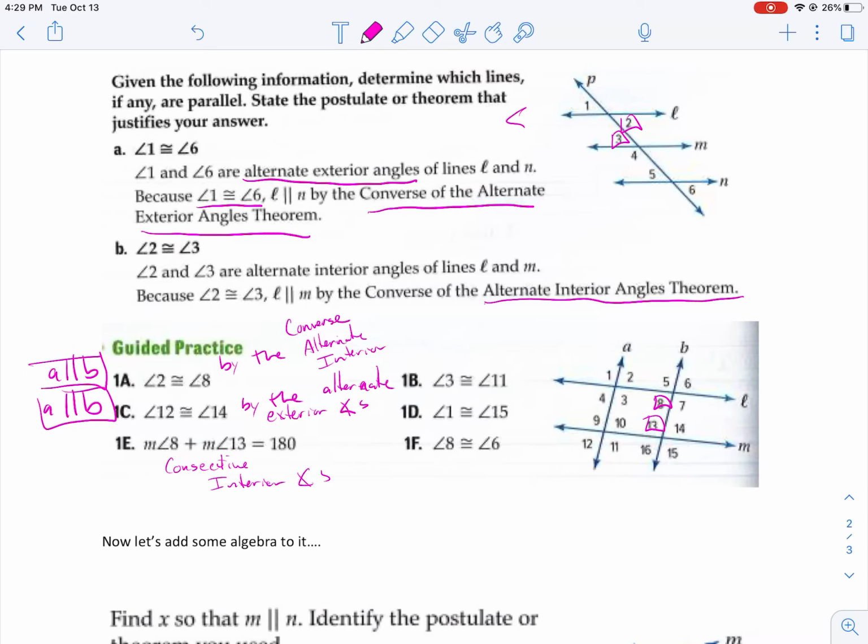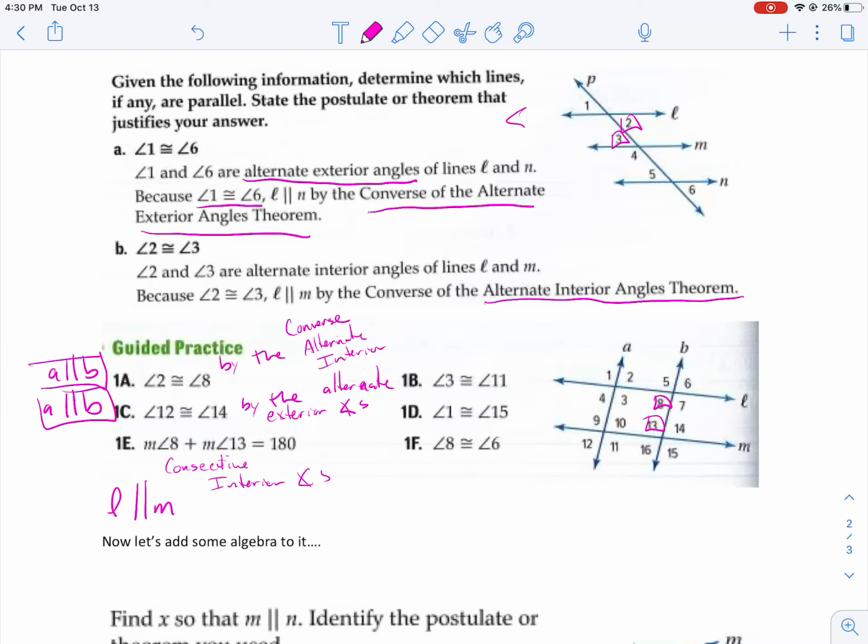Okay, and so because they're consecutive interior angles and add up to 180, therefore L is parallel with M. Can't say anything about A because A is kind of left out of the question there.